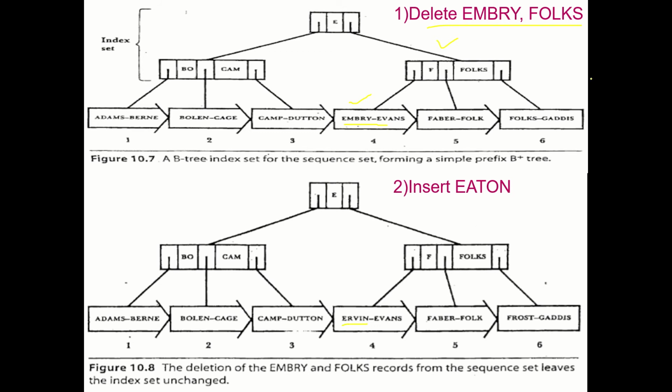The next is we are going to delete fox. We go for E, it is greater than E. We come here, it is greater than F. It is greater than or equal to fox, so we have to go to the right side, that is block 6. Now I'm going to delete fox. The record has been deleted, but in the index set it remains the same.